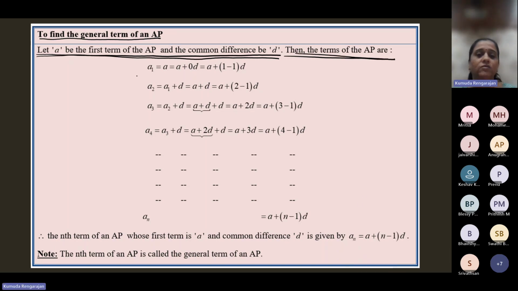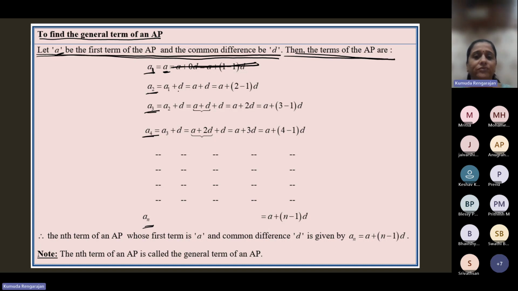A1 is the first term, A2 is the second term, A3 is the third term, A4 is the fourth term, and AN is any term, like the general term. Now A1 is represented as A because let A be the first term. So A1 is nothing but A. The first term is A.